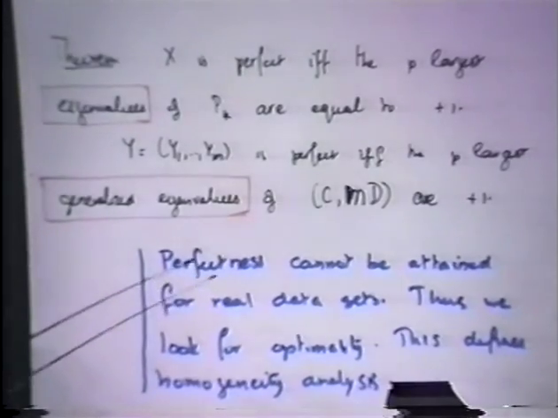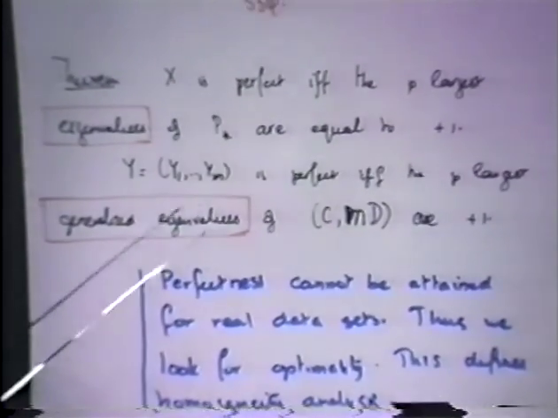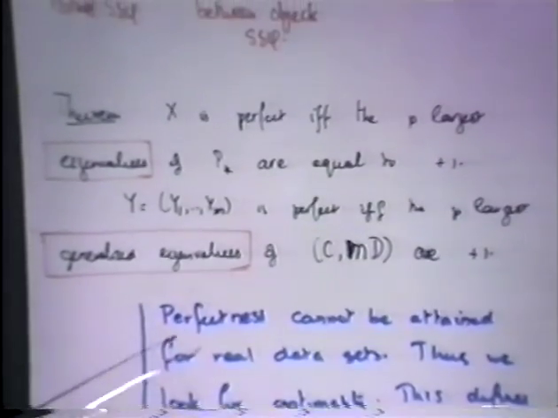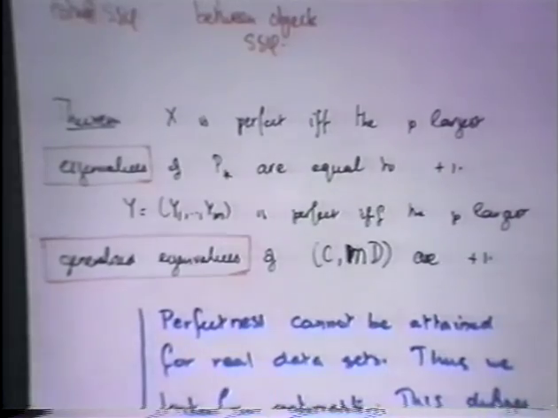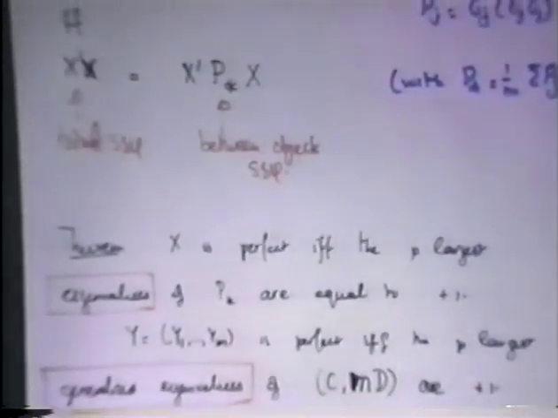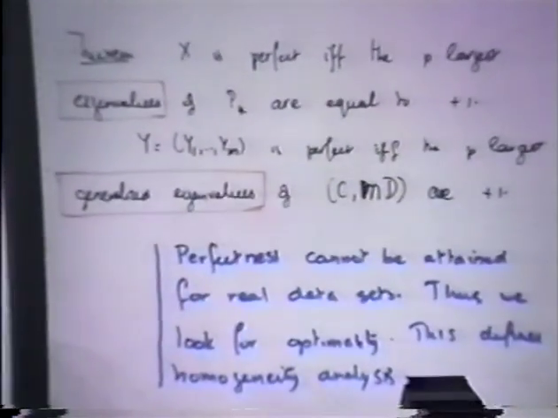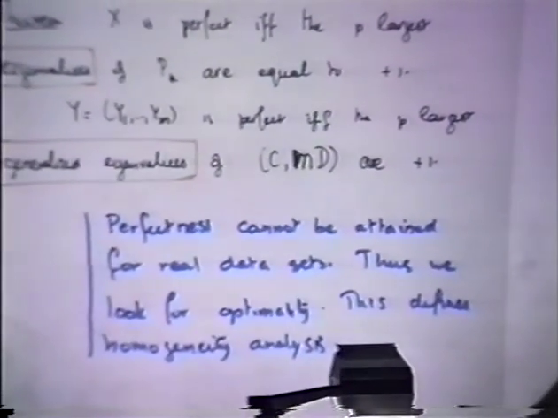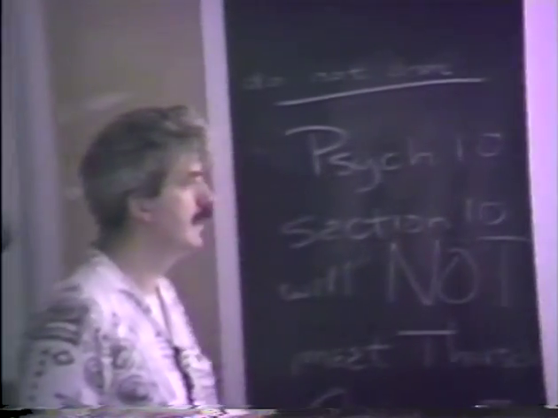It's perhaps not familiar to organize your cross tables into such a matrix, but the components are certainly familiar. And D are the univariate marginals. They're also familiar. Now here in blue, it says perfectness cannot be attained for real data sets. That's sort of obvious. We've seen that already in the logical formulation. It's also clear from the eigenvalue formulation, of course. Thus, we look for optimality.